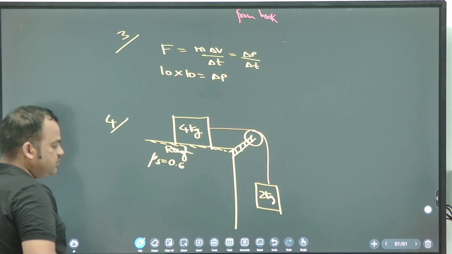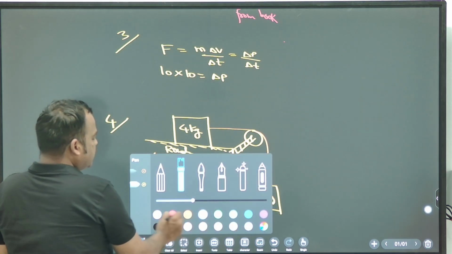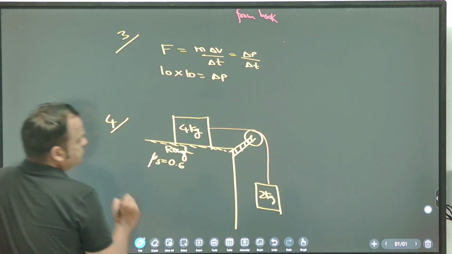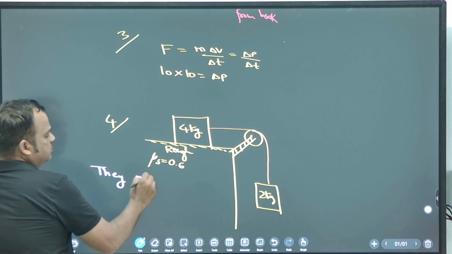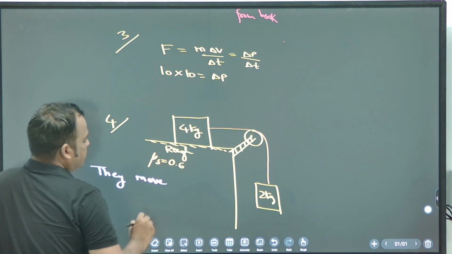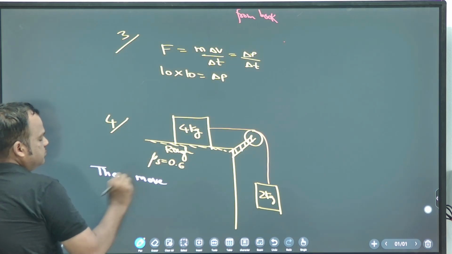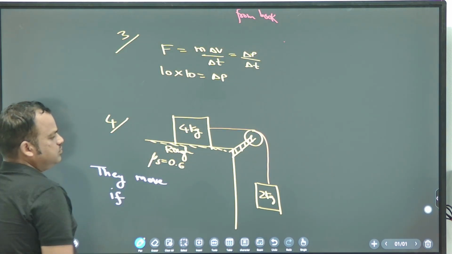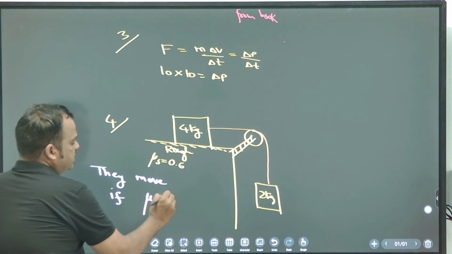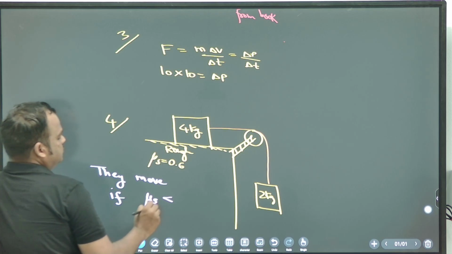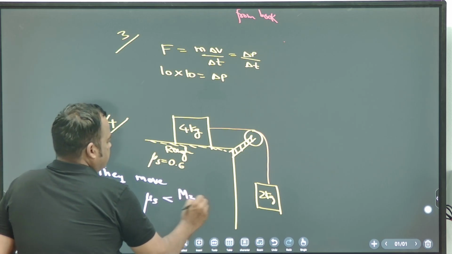Acceleration you have to find. So what is the condition that they will move? They move. What is the condition? Tell me. Correct. Mu s is less than m2 by m1.